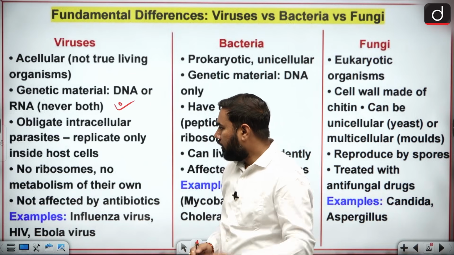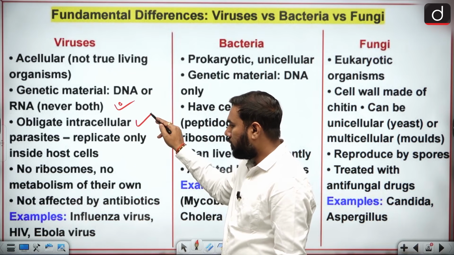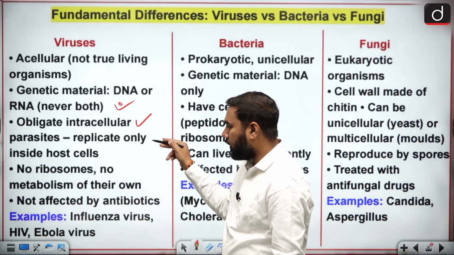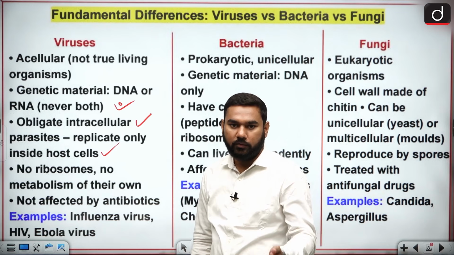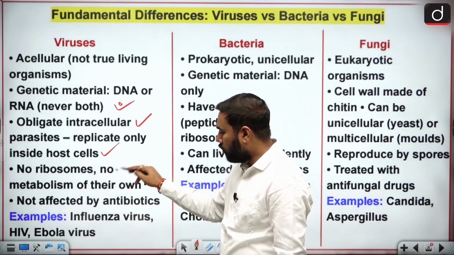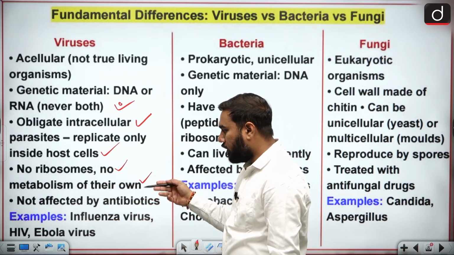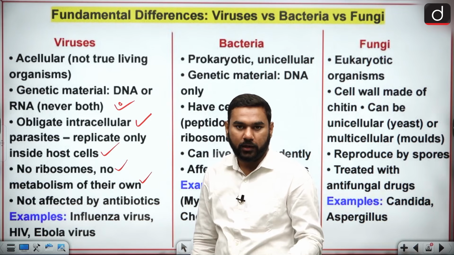Simple as that. So it is an obligate intracellular parasite, replicating only inside the host cell, because they do their living activity inside the living cell. There is no ribosome, no protein formation, no metabolism. They have no activity of their own because they do not have any kind of cell organelle.